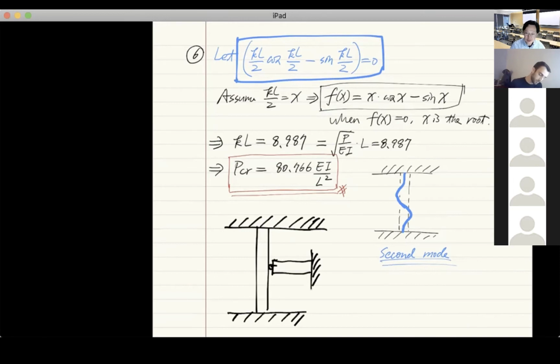It will pass the first mode because the kinematic conditions of this column will not allow the first mode to occur. Therefore, the buckling of this column will be dominated by the second mode.